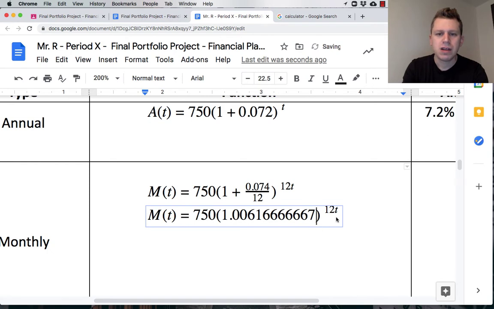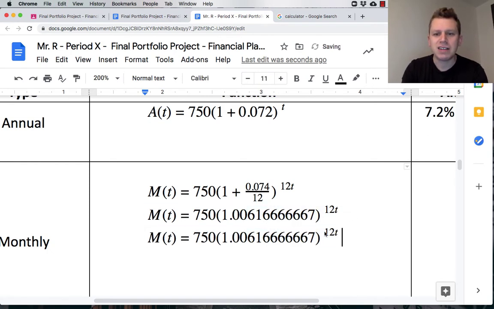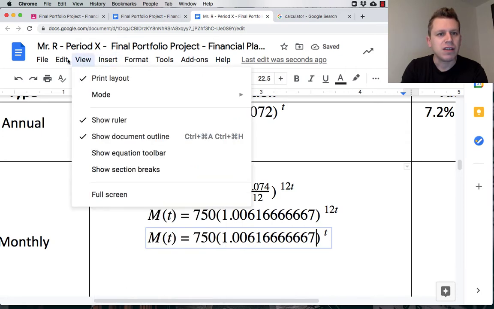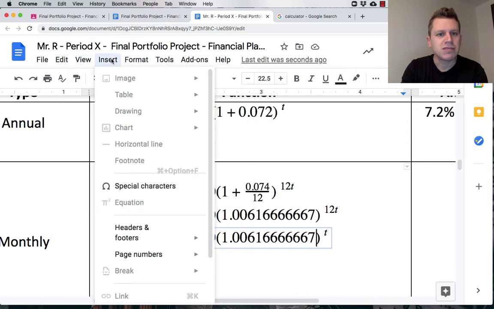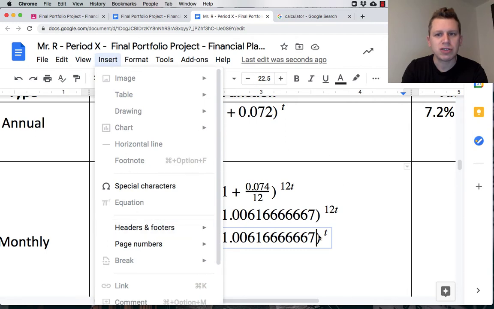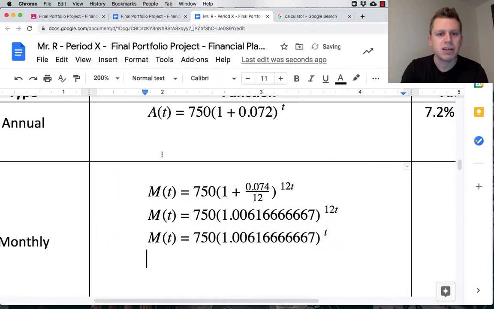Now all I need to do is bring that 12 to the inside to isolate the exponent in the exponential function. To do this, I go to insert equation. I want that equation toolbar. So I'm going to be a little fancy.